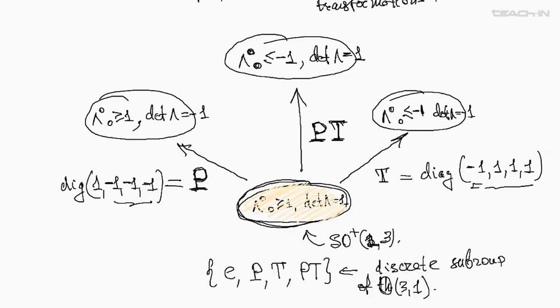None of them forms a subgroup of the Lorentz group. So there is only one subgroup, the subgroup of proper orthochronous Lorentz transformations, because only this component contains the identity. Group identity sits here in this SO plus 1, 3. Okay, so the connected subgroup of the Lorentz group of dimension 6 is this SO plus 1, 3.